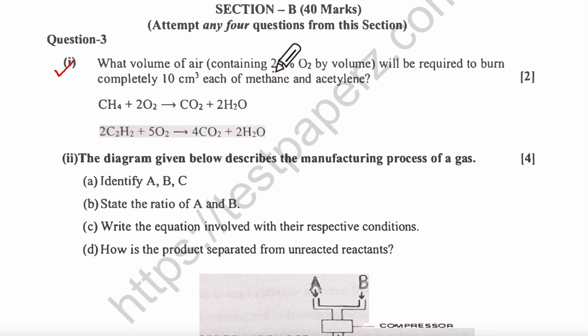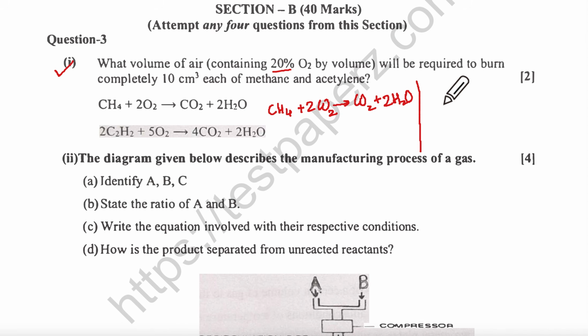The volume of air, 20% oxygen, that will be required to burn completely 10 centimeter cubes of methane and acetylene each. So you will make 2 columns and write CH4 plus 2 O2 gives CO2 plus 2 H2O.